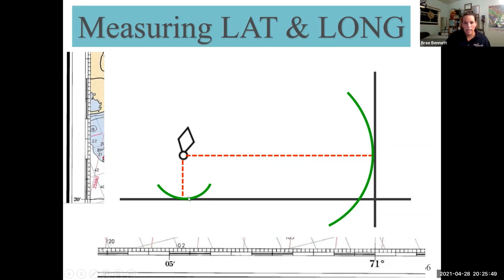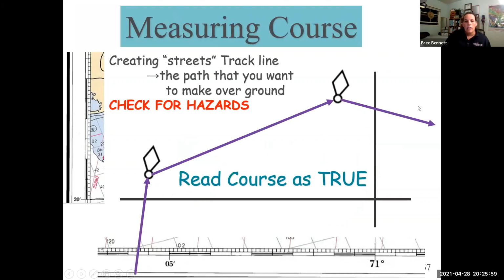But again, we're just making these parallel lines and then bringing that information to the edge of the chart and measuring, getting what the latitude and longitude is. For measuring courses, our courses are our streets. These are what we are creating.